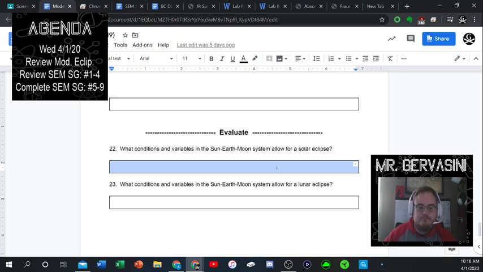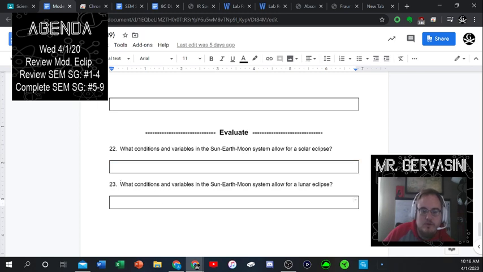What conditions and variables in the Sun, Earth, Moon system allow for a lunar eclipse. Drew it yesterday. Sun, Earth, then the Moon. Moon's behind the Earth. The Moon moves into the Earth's umbra, direct shadow. To have that lunar eclipse, you would need to have the Moon at a full moon phase.